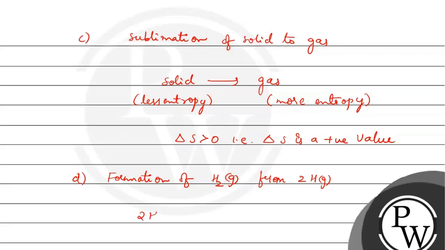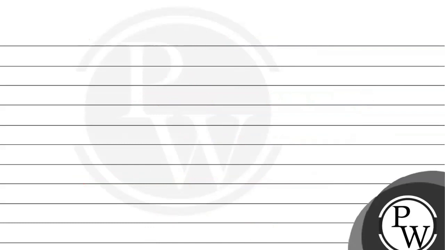So in this reaction, two hydrogen atom reacts to form a hydrogen molecule gaseous. So two hydrogen atoms combine to form one hydrogen. So the number of particles decreases. So here the particles are 2 in number and here it is 1. So 2 moles reacted to form 1 mole. So this reduces the disorder of the system.